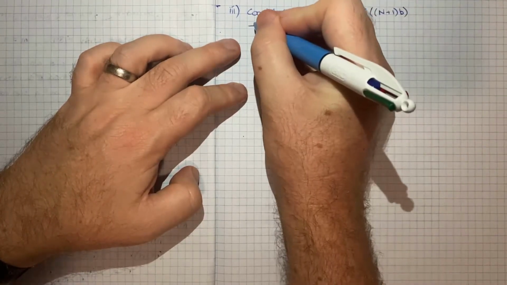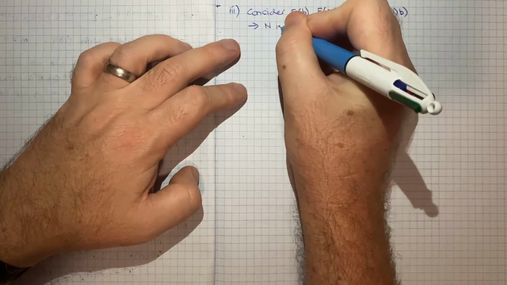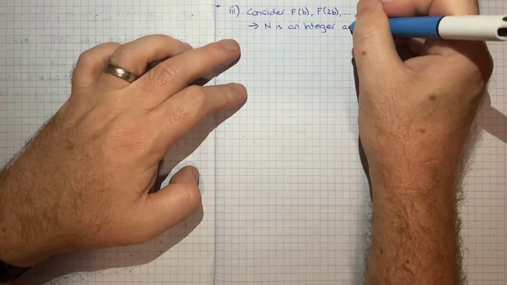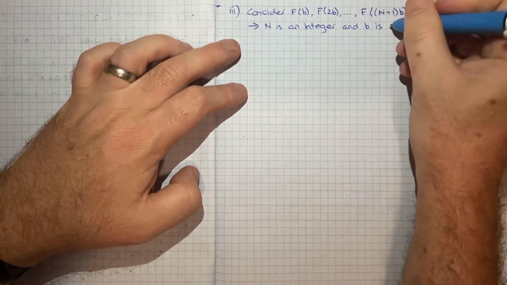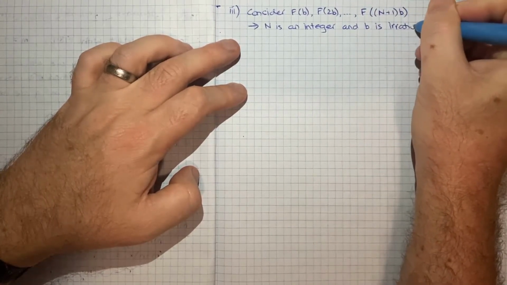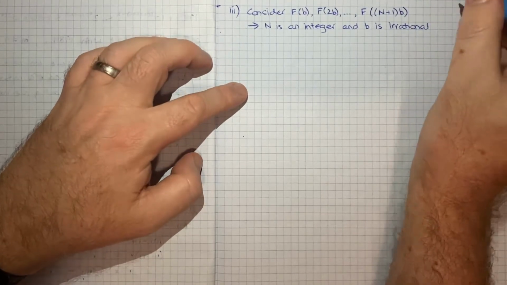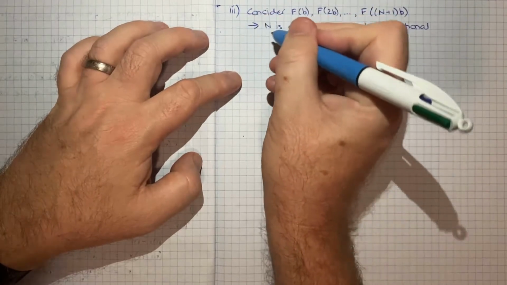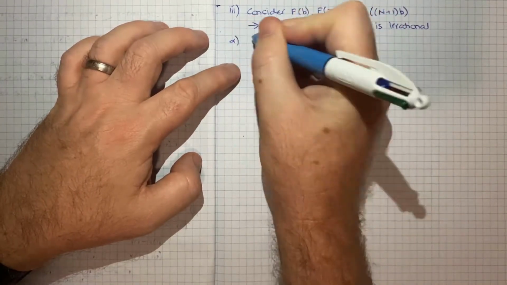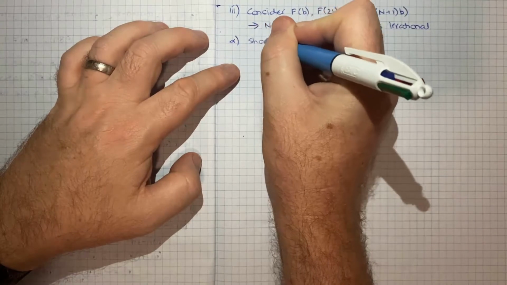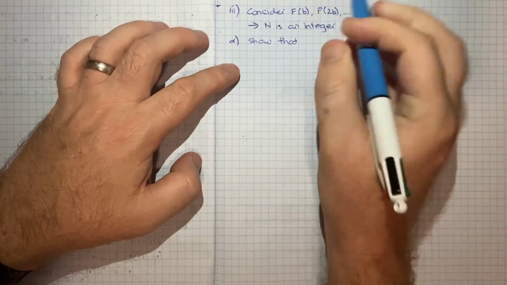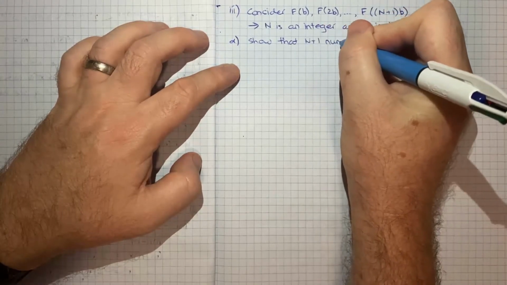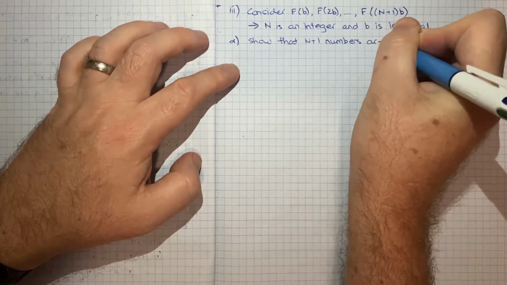So N is an integer, and b is irrational. That's the background to this part 3. And like the other parts before it, it got broken up into 2 subparts. So we had part alpha, which says to show that these N+1 numbers are all distinct.